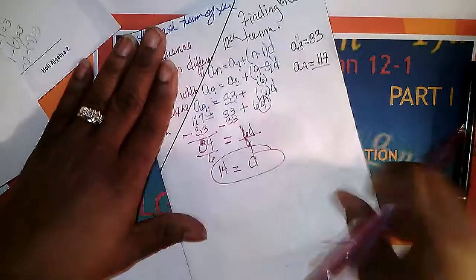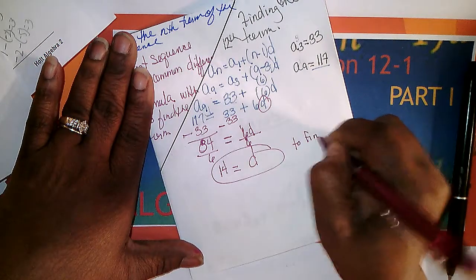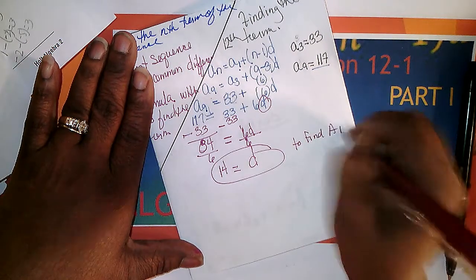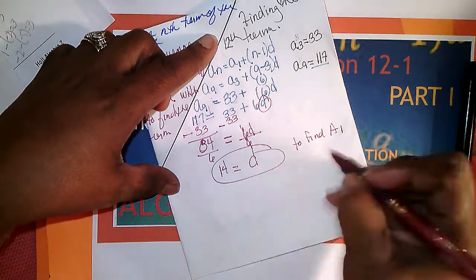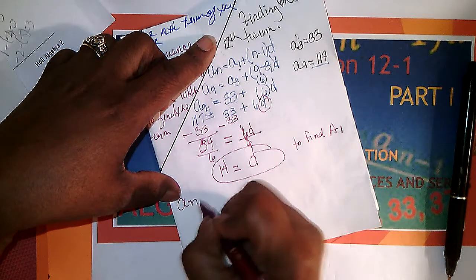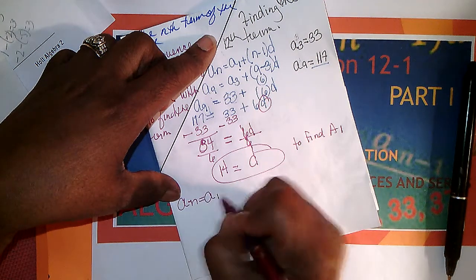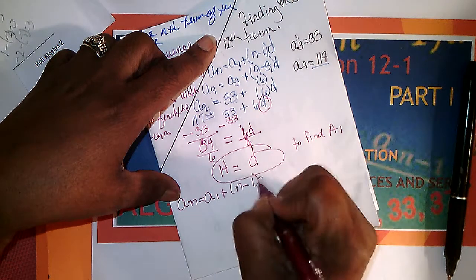So we use the d to find a1. a(n) equals a1 plus (n minus 1)d.